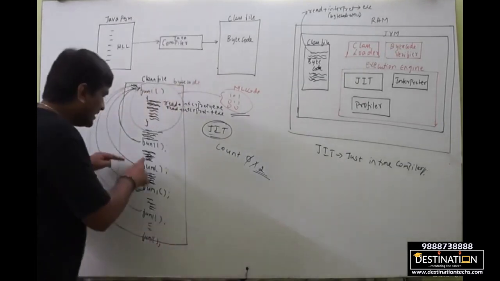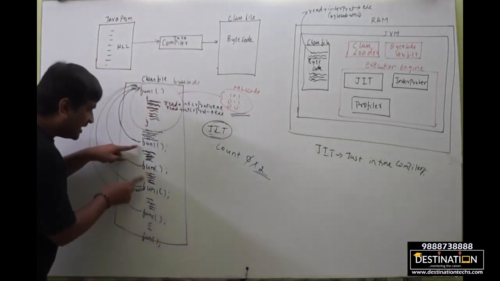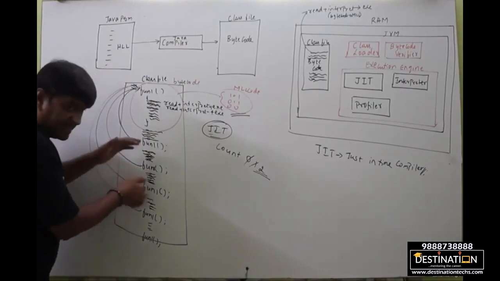See here, whenever repeated method calls occur. Here also I am calling, here also I am calling, here also repeatedly I am calling.